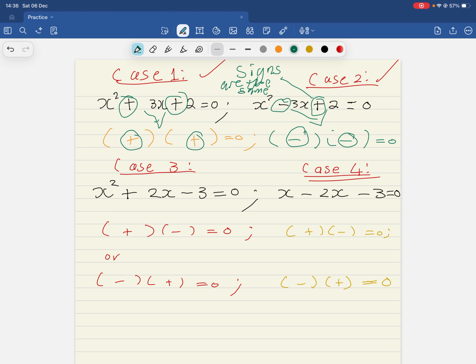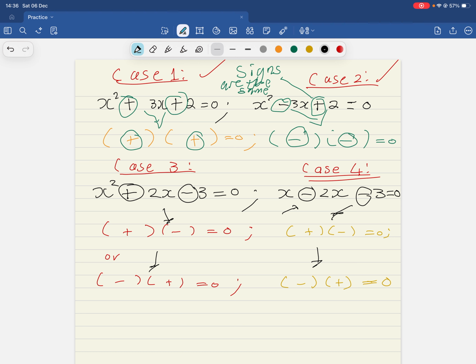The third and fourth case, the difference with this, let's just use maybe a different color. You'll notice there's a minus there, and what that minus means is that your signs are different. The order doesn't matter. But now notice the second term has a minus in this one, and for this one it has a plus.